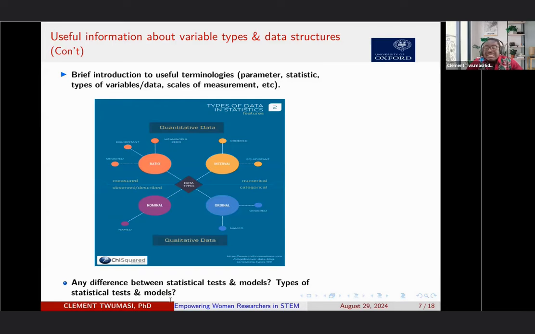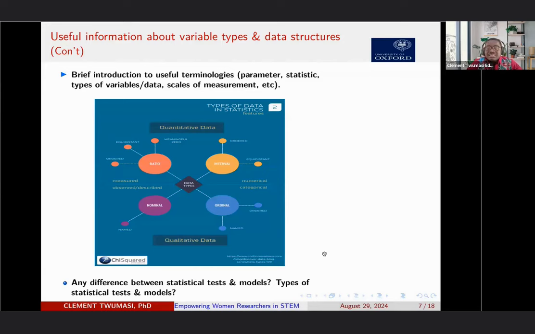A statistical model means that there are always some underlying parameters that need to be estimated, and that makes it a model. So regression is a model because there are regression coefficients or parameters that need to be estimated. A t-test is not a model. Why? Because it is basically used to test some hypothesis. We are not estimating parameters when we are doing a t-test.